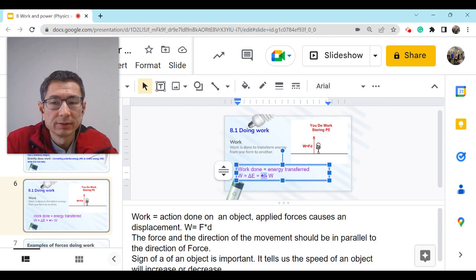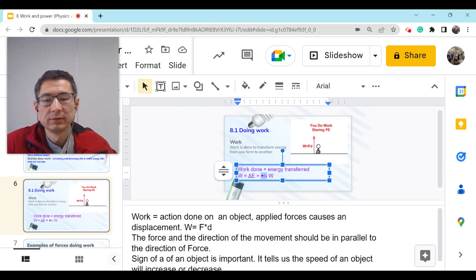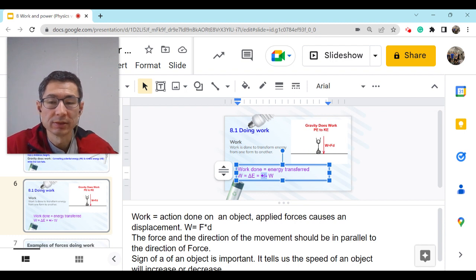If my work done is negative, then the speed is decreasing. If my work done is positive, then my object's speed is increasing.